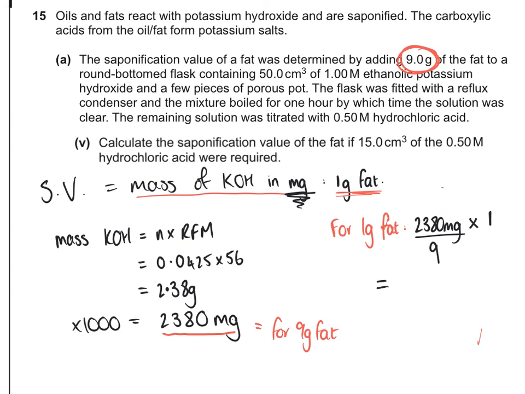It all works out the same, and that gives you a value of 264 milligrams. And that's your final answer. That means that 264 milligrams of potassium hydroxide is required to completely hydrolyse 1 gram of this fat.